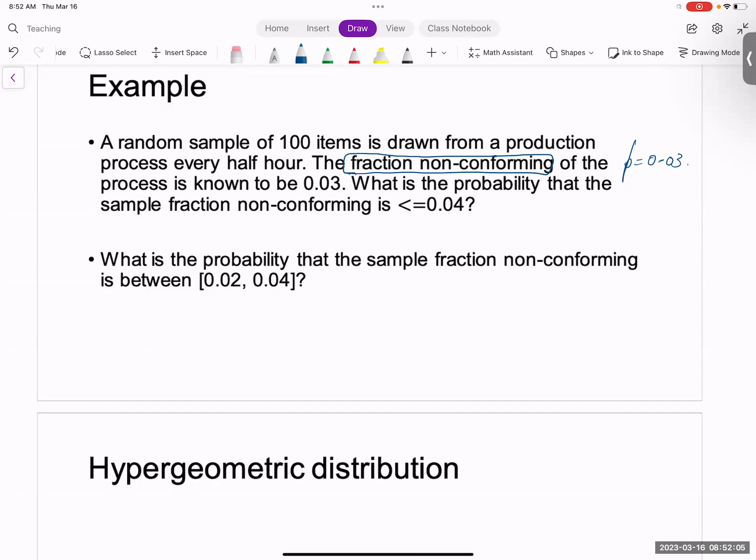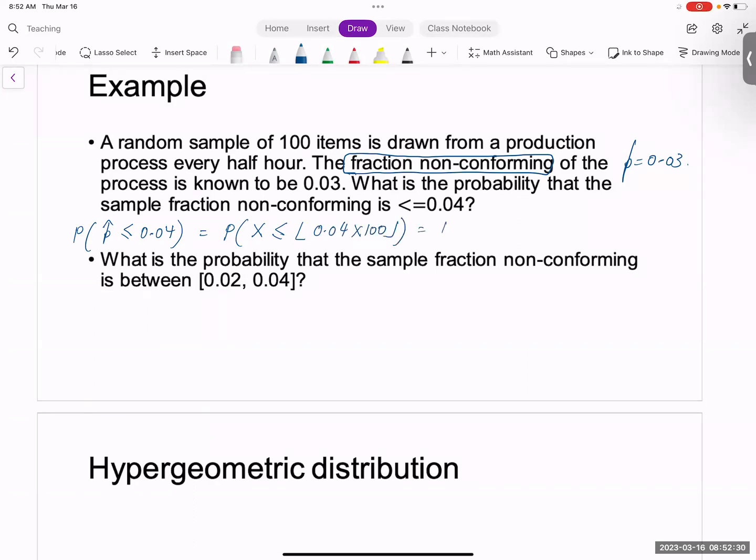So it is asking us to compute probability p hat is less than or equal to 0.04. Right? And I can use the same formula that I just did. This is equal to probability x less than or equal to floor of a times n. What is a in this case? A is just 0.04, times n is 100.